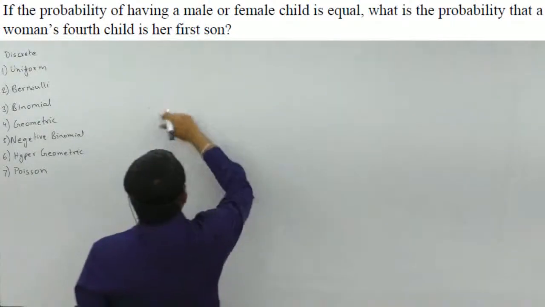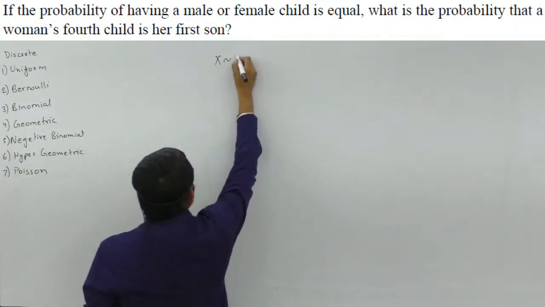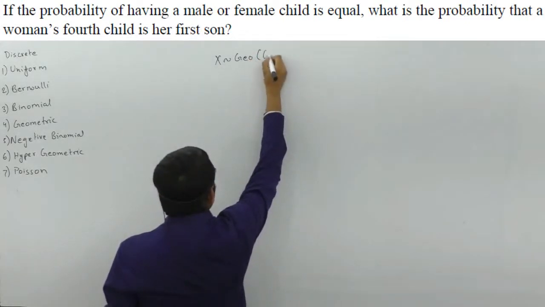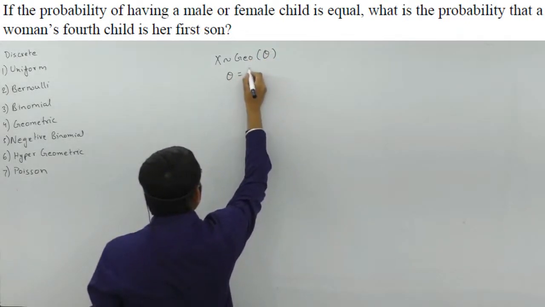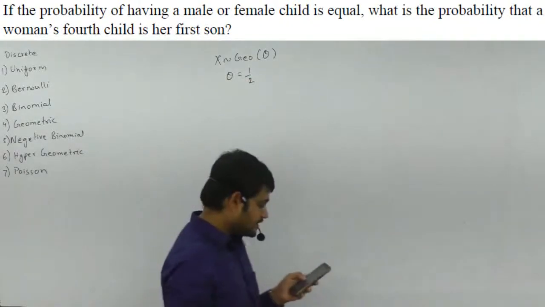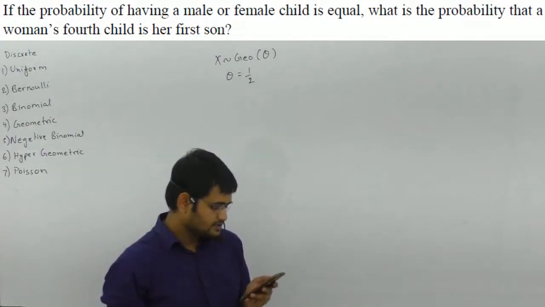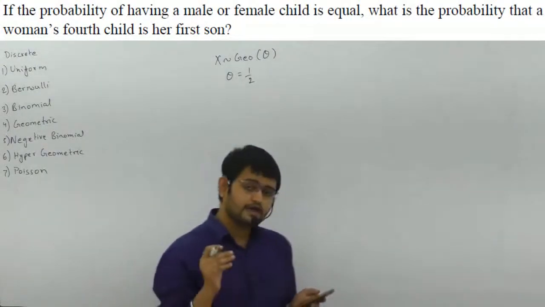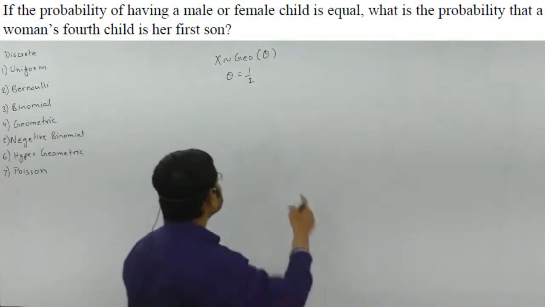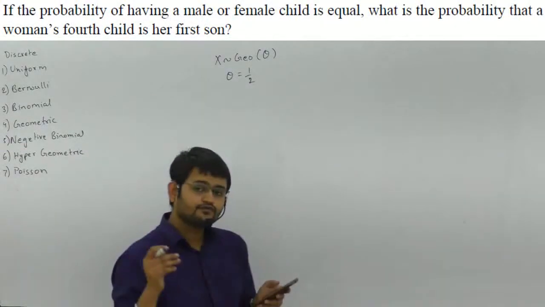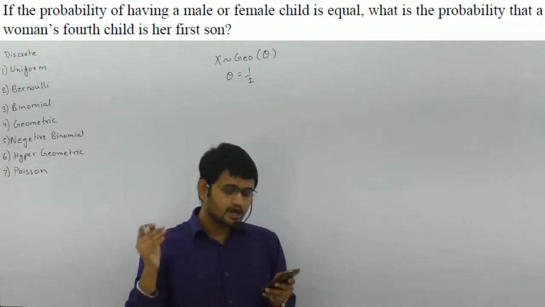Now we can easily say our X is following a geometric distribution with θ, where θ is nothing but half. Here we are going to assume that our success is having a son. So they are saying, if the probability of having a male and female child is equal, therefore θ is half, what is the probability that the woman's 4th child is her first son?